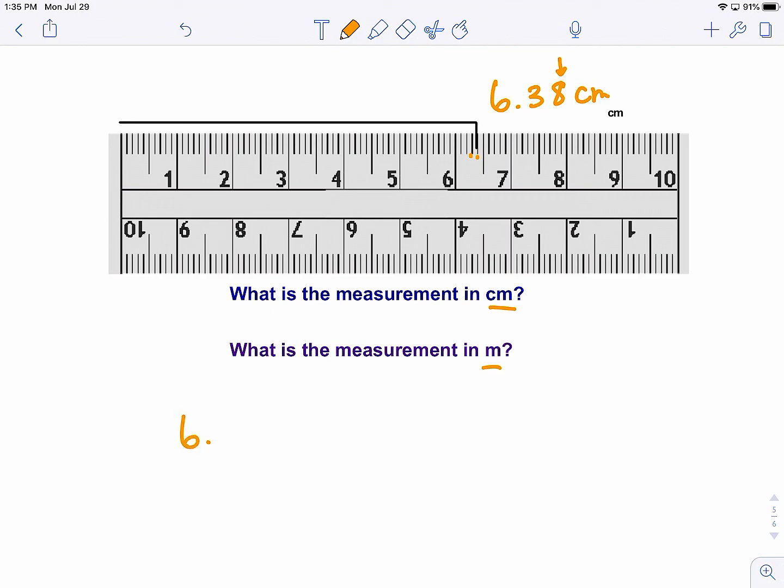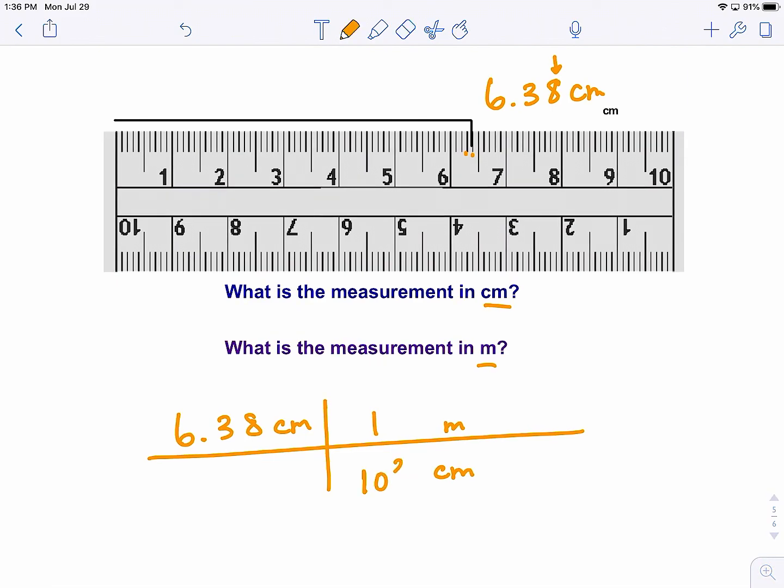Now, if we want to take 6.38 centimeters and express that in meters, we can use dimensional analysis. We can use dimensional analysis to convert anything. So we want to get rid of the centimeters. We want to go to meters, and you should know that there are 100 centimeters in 1 meter. You could also express this as 10 to the 2.